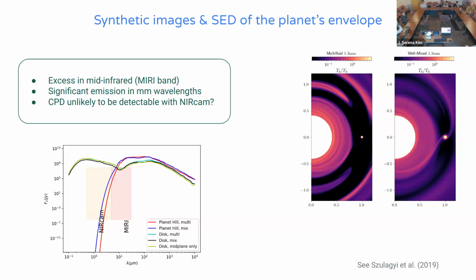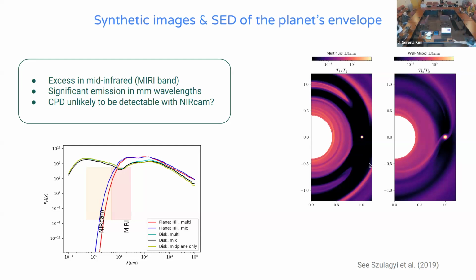This is not a new result. This has been shown already. For example, you can look into the work of Szulágyi et al. 2019. But essentially, we are putting new physics, especially in multifluid parts, so we're still digesting some of the results. And one of the conclusions that we have so far is that if you see this excess in the mid-infrared, you should also see something in millimeter wavelengths with ALMA.